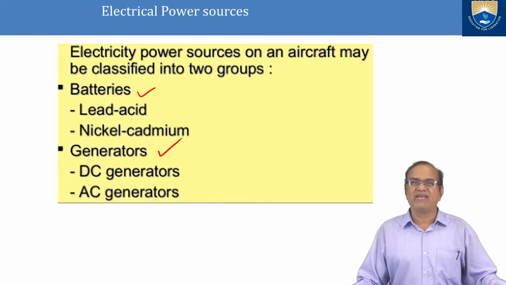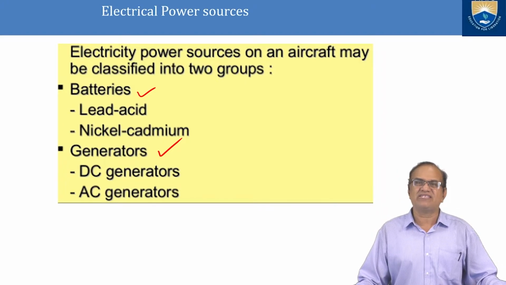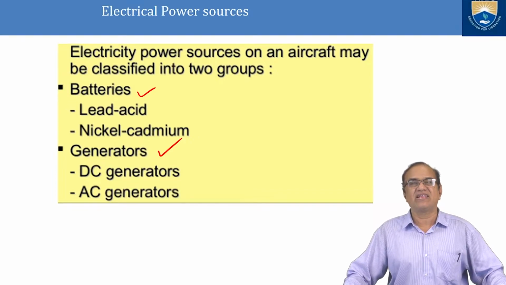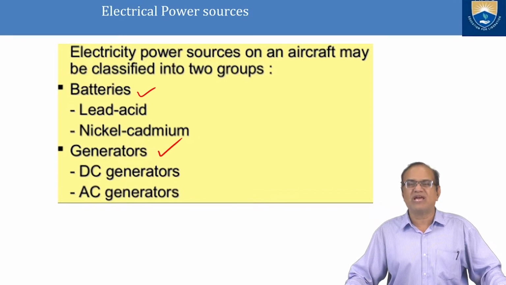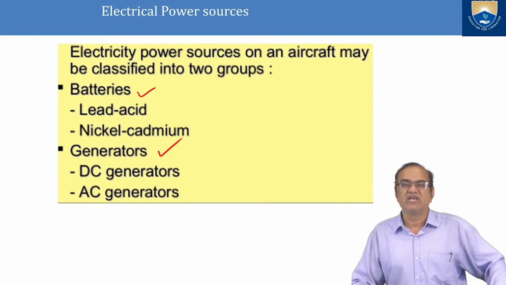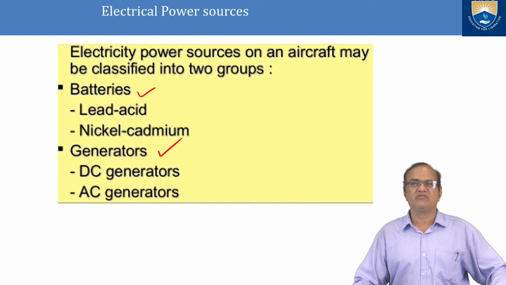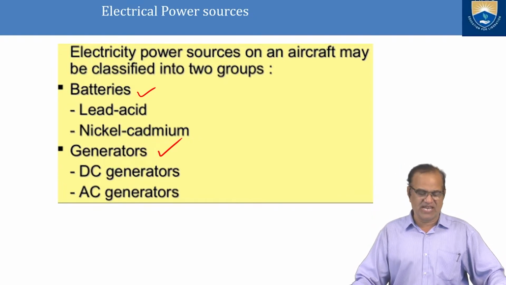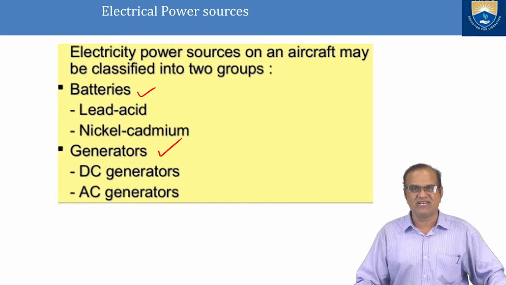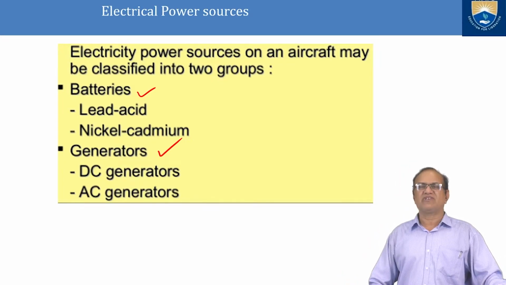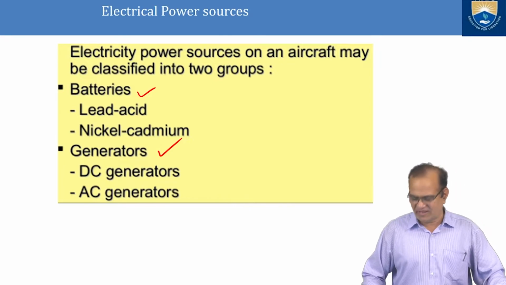Batteries are of two types in aircraft, the lead acid battery and the nickel cadmium battery. If you see the generators, we have the DC direct current generators and the alternating current generators. These two types of generators are installed in the aircraft.